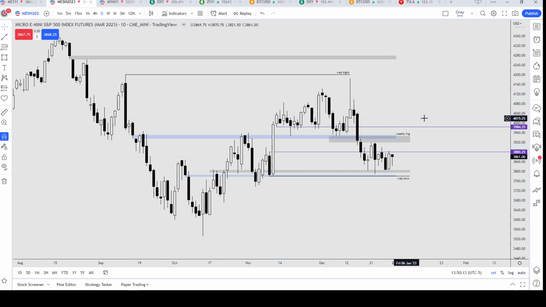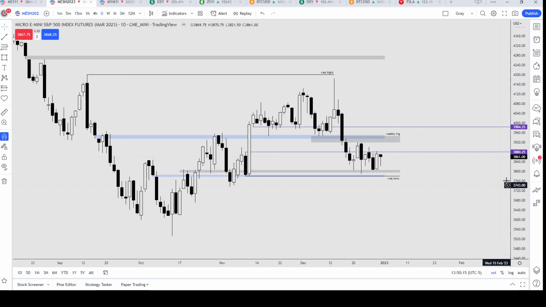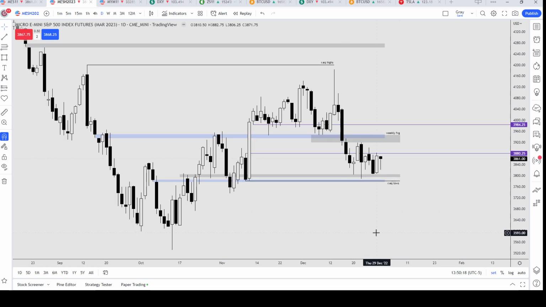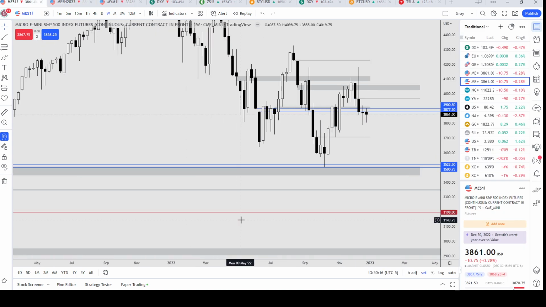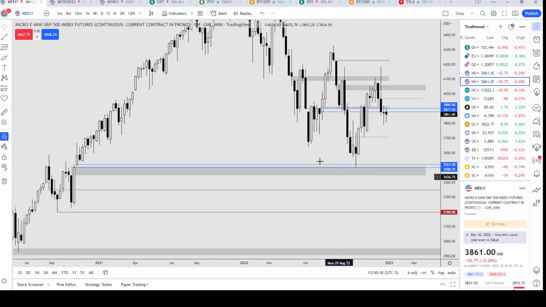Yeah, that's about it. And of course below we do have liquidities here. We have yet to fill this fair value gap.